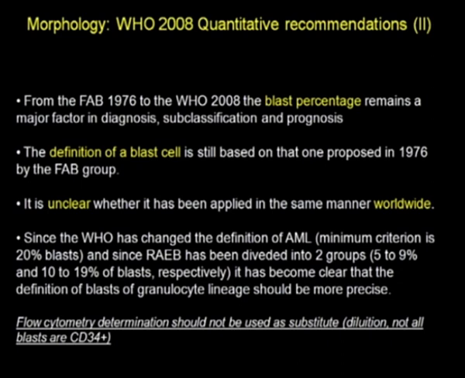The second point is that in the WHO classification, RAEB has been subdivided into two groups according to the blast percentage: RAEB type 1, blast percentage 5 to 9, type 2, 10 to 19. So it's very clear that it's important to stratify patients in the same way all over the world. We should have rules and we should follow the same rules.